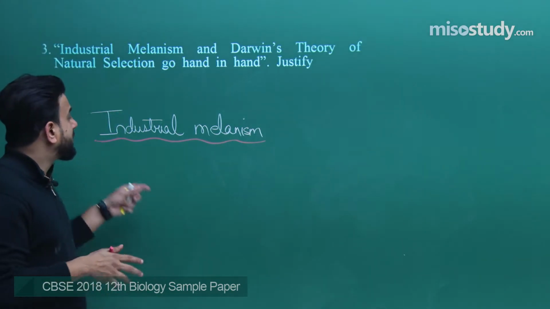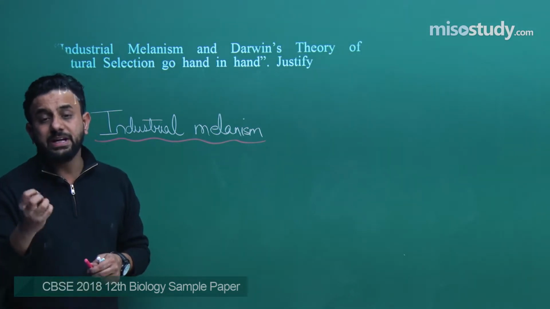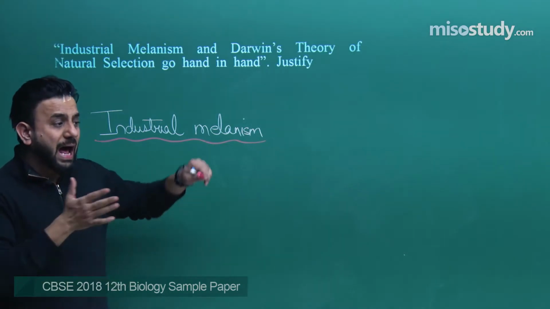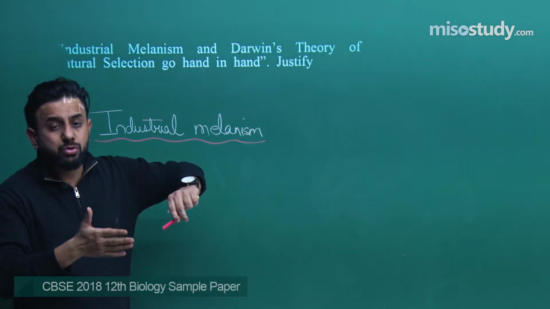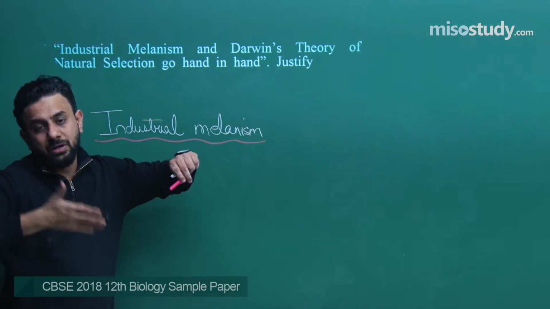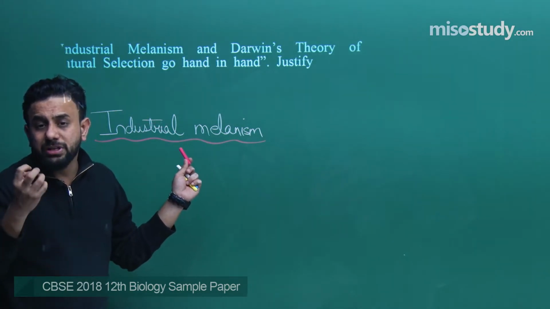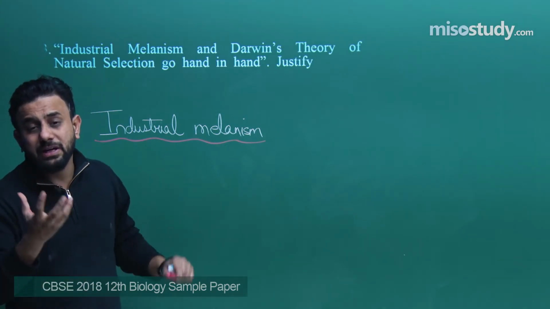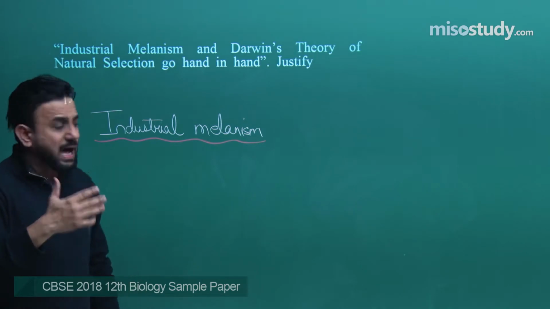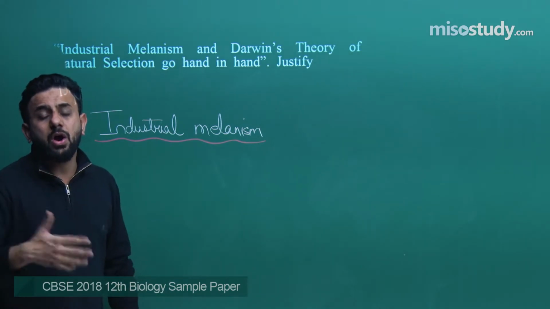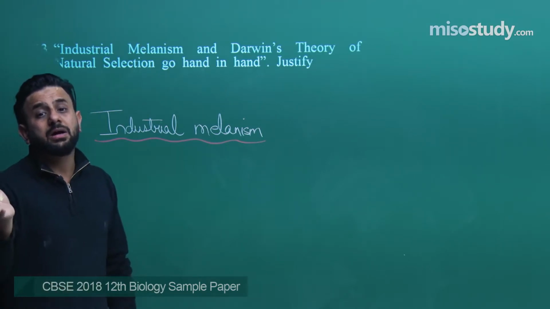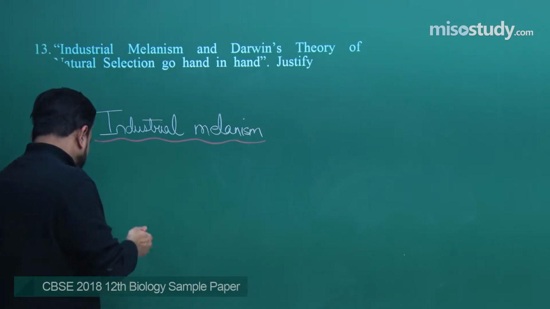So similarly, some of the arthropods increased their body color, the melanin pigmentation increased. Why? So as to match with the polluted environment. Before, the environment was clean, so these animals had lesser pigmentation. As the environment got more polluted, they also started increasing their melanin pigmentation to camouflage and avoid the predator.